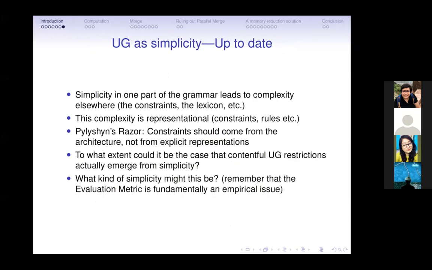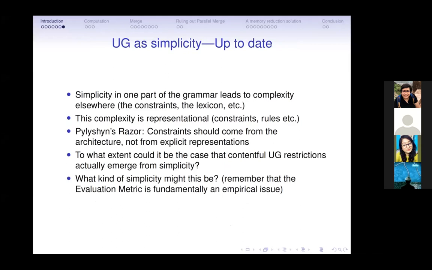So, you know, it turned out over time that when people tried to simplify one part of the grammar, that would end up leading to complexity elsewhere. So you could simplify the rule system, like we just saw, but then you get complex constraints.